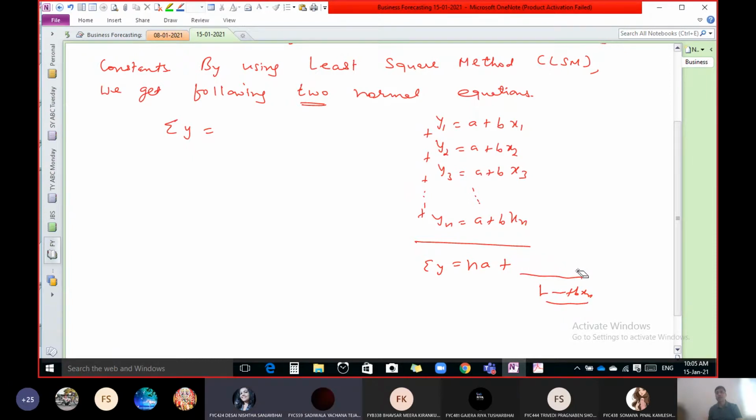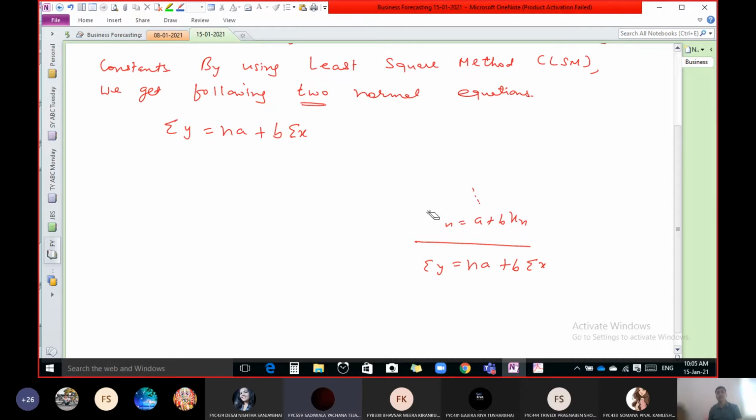Yes, b. So you can take b common. So what we get? Sigma x, that means x1 plus x2 plus x3 up to xn. That is the way to learn this first normal equation. Sigma y equal to na plus b sigma x, that is our first equation. In exam you would write the equation directly like this.